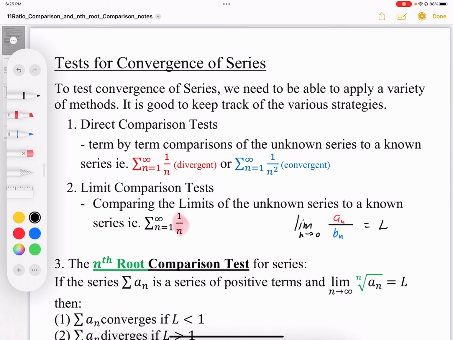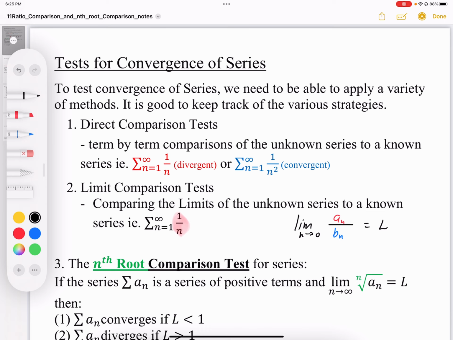So if an is 1 over n and bn is some unknown sequence, and we do a limit of this comparison and we have a limit, we can say that since an gives us a diverging series, the bn sequence should also give us a diverging series. So this is a limit comparison test.